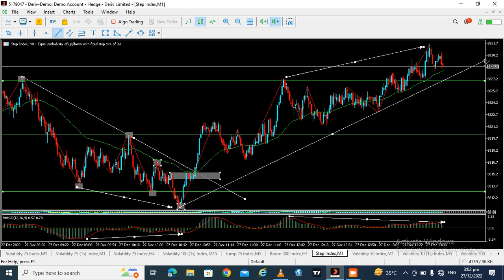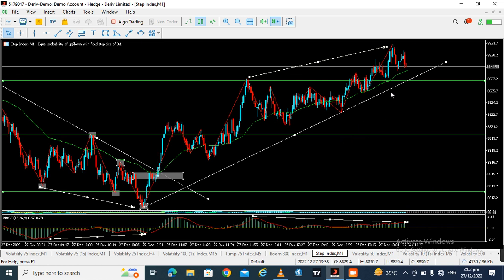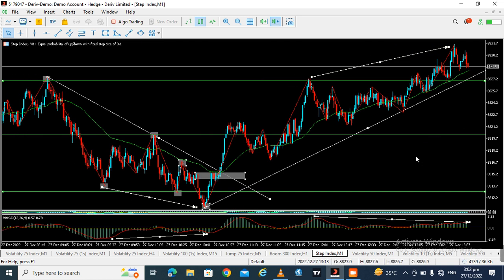You extend it into the future, so you patiently monitor the price to break your trend line and give you a perfect entry setup, so you can go for a short.